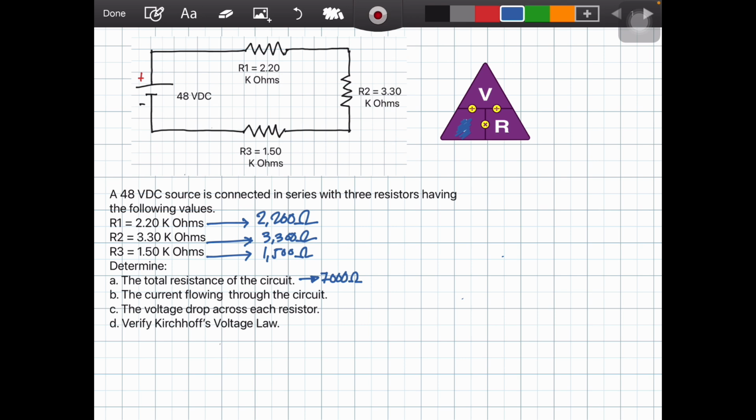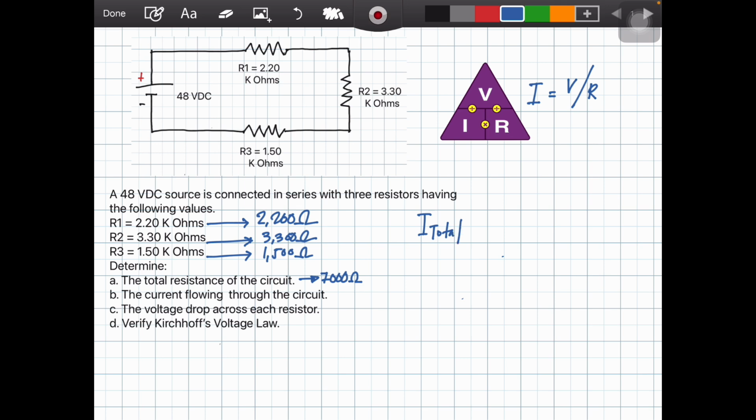So current is equals to the voltage divided by the resistance of the circuit. So let's write it. I total is what they want us to find.